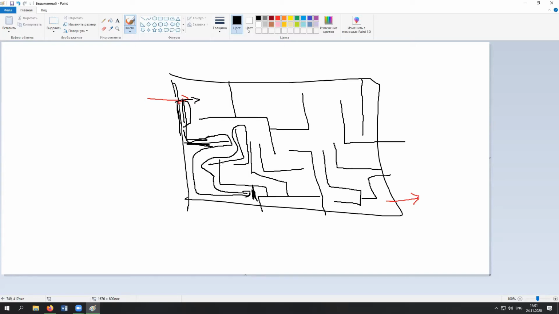I could draw the path in another color. So we move along the right hand, and so we find the exit.